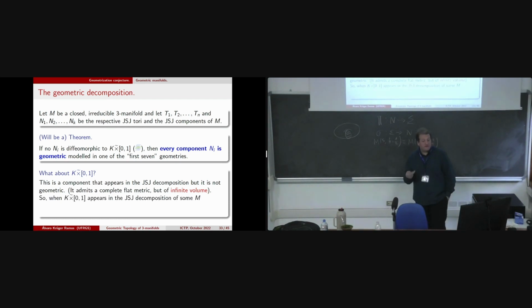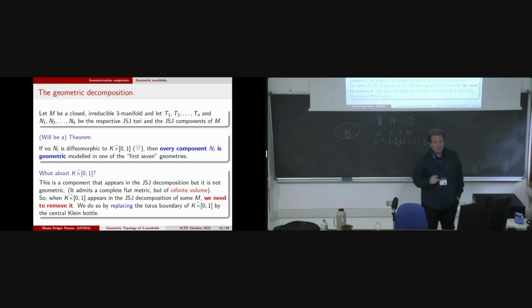So when it appears in the decomposition of some irreducible 3-manifold M, we want to remove this component. How do we do it? Remember, this manifold has a torus boundary and a central Klein bottle. Now it's just one copy, it's not two copies.